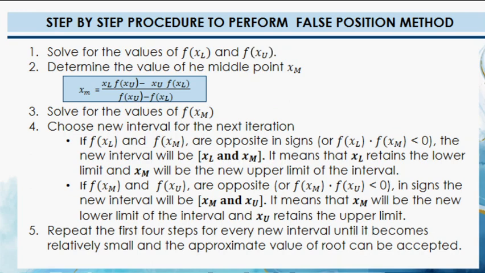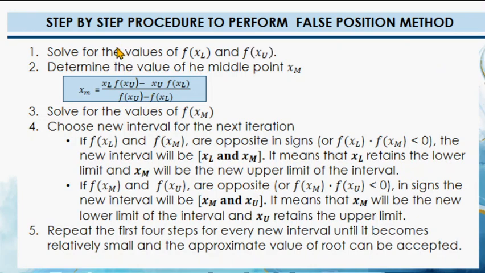So, ano ba yung step-by-step procedure to perform false position method? So, ito yun, class. So, first, we have to solve for the values of f of x sub L and f of x sub u. Next naman is kailangan nating ma-determine yung value of the middle point, which is x sub m, kung saan yung formula nga niya is itong nakuha natin kanina.